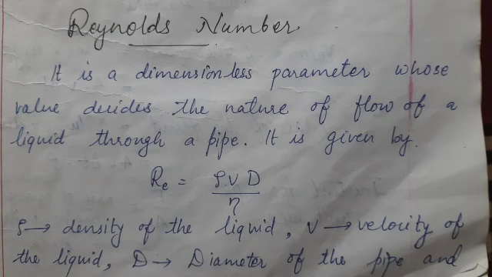If we consider a pipe of diameter capital D through which a liquid of density rho and coefficient of viscosity eta is flowing with a velocity v, then there comes a number, the Reynolds number, which is equal to rho v D by eta. This number for that particular liquid decides whether the flow is streamline or turbulent.